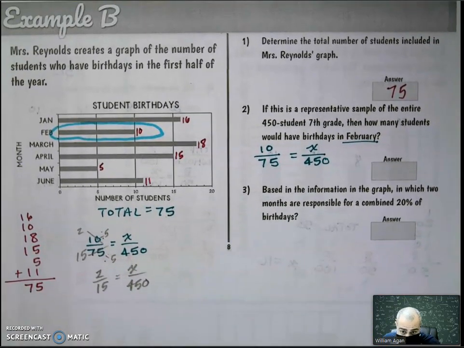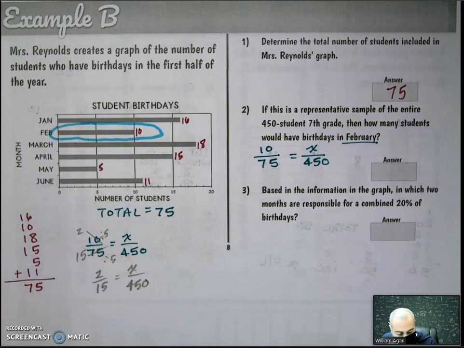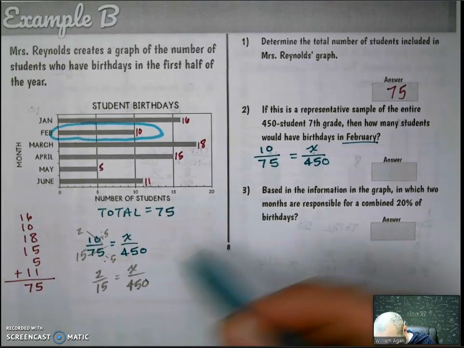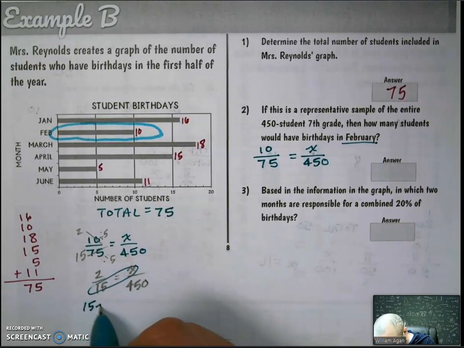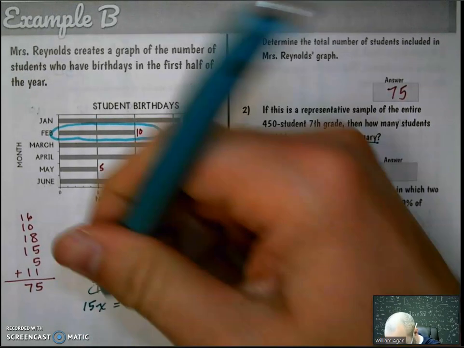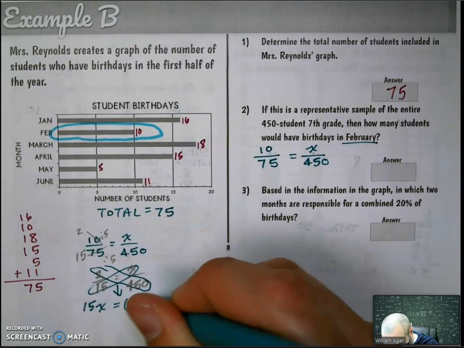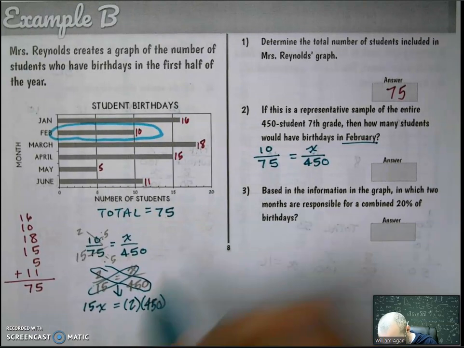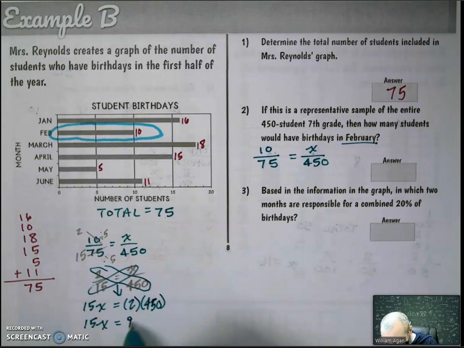So I have 2 over 15 equals x over 450. Now, there is a relationship there, but most of you probably wouldn't see it, so I'm going to pretend like I don't know about it, because I want you to see that you can still do the proportion even if you don't notice those kinds of things. So, cross multiply. 15 times x is 15x. Bring down the equal sign. You have 2 times 450. 15x equals 2 times 450 is 900.